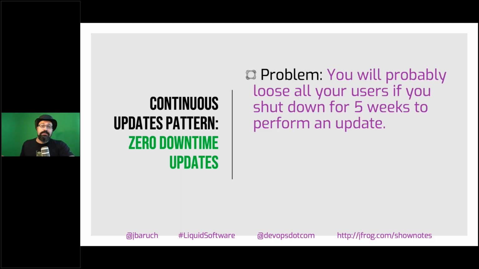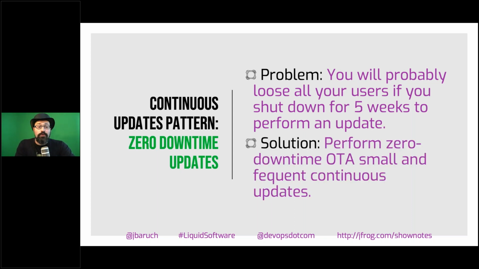The problem is that when they come back from those 5 weeks of updating the software, they will probably find that they have no users anymore. And that's exactly what happened. After this 5 week update of their mobile app, they came back just to declare they're going out of business, because users didn't wait 5 weeks for them to restore their app. Instead, you want to achieve zero downtime with small and frequent continuous updates.